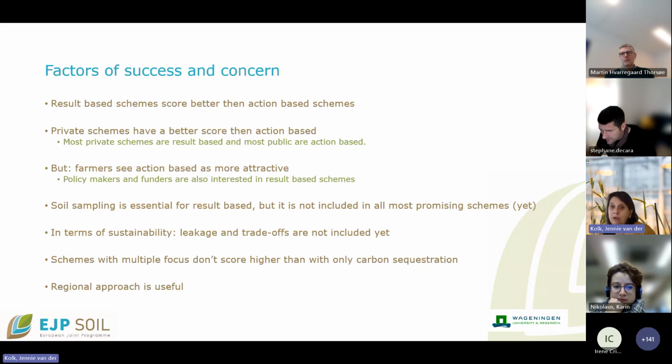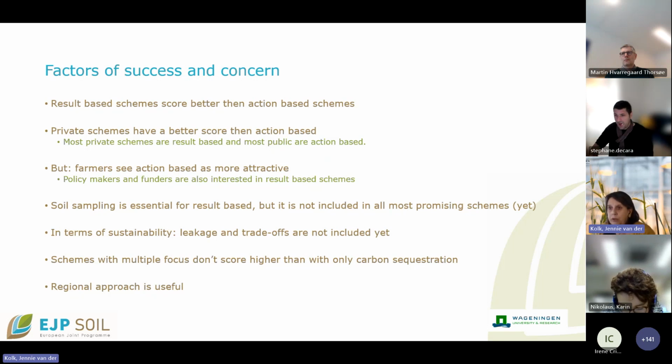And if you really ask them, they are more attracted to the action-based scheme. What you also see is that even though soil sampling is essential for result-based, it's not included at the moment in the most promising schemes.